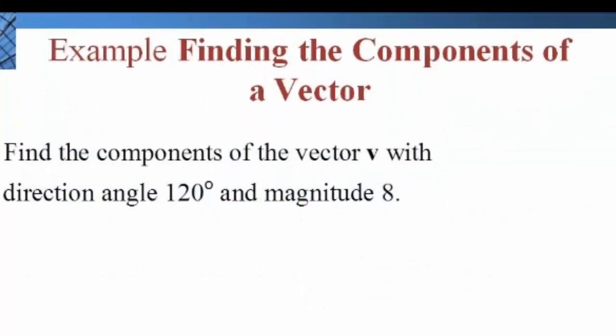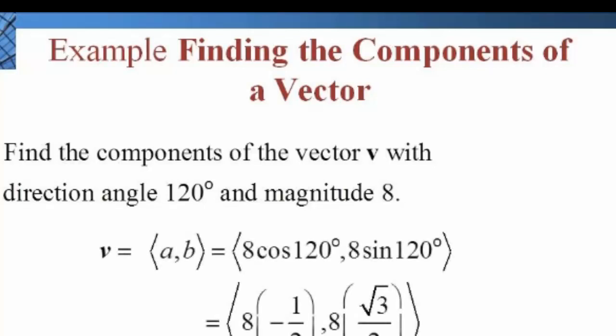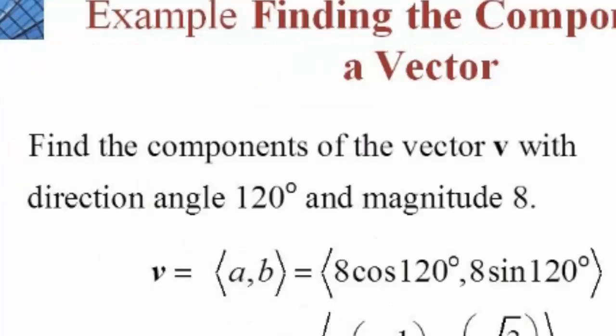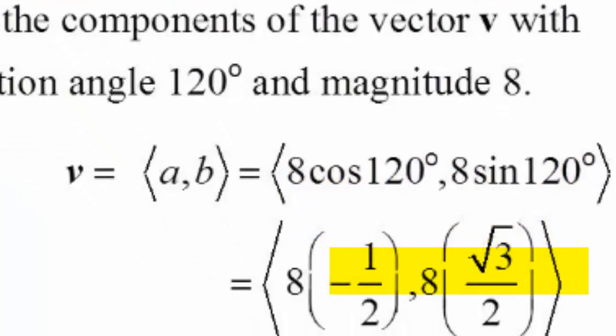Now we're going to find the components of a vector. So we'll find the components of the vector v with directional angle 120 degrees and magnitude of 8. To solve it, we'll let v be the vector a, b. 8 is the magnitude, so for the horizontal component we have 8 times the cosine of 120 degrees, and for the vertical we have 8 times the sine of 120 degrees.